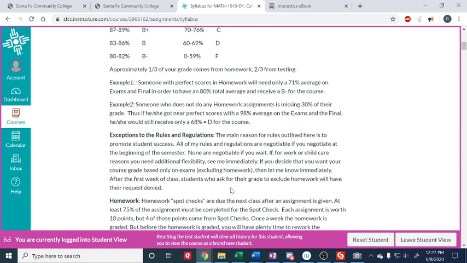I can't do it the other way around, because you have to be able to demonstrate that you've learned the problems and that you can do them independently of looking at an example and so on. But if you wanted your grade based solely on exams, and homework is not a component of your grade, just let me know in this very first week, and then I can set that up for you.